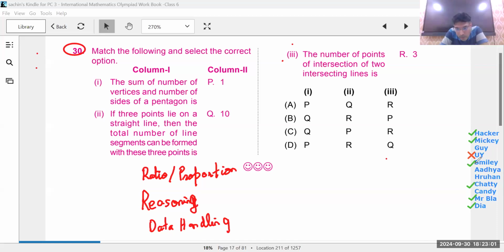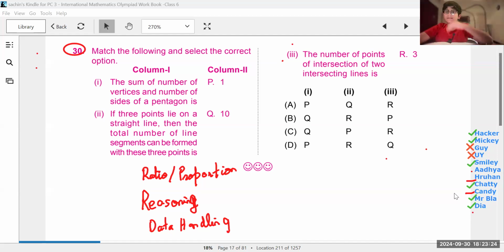The most votes data handling got, but I might use my veto power. Ruhan, what's your answer? Ruhan and Candy. And sir, my answer is third option.